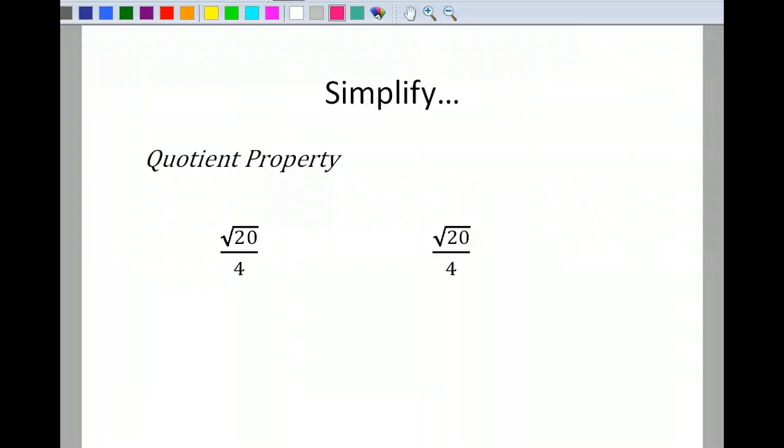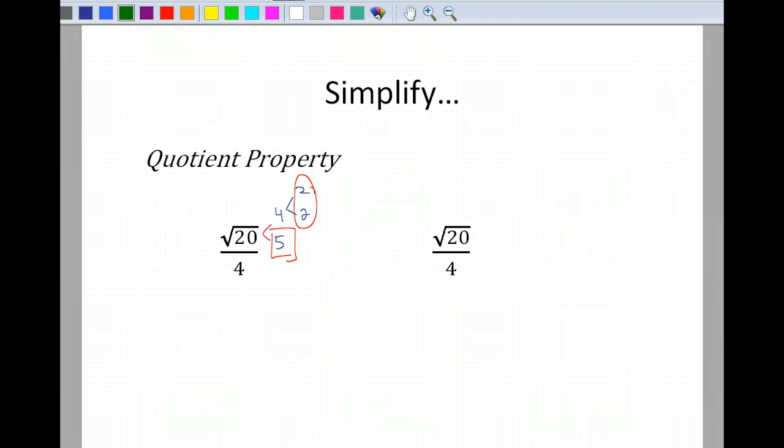Okay, let's look a little bit more. Square root of 20 over 4. Well, let's just say you don't remember what the factors of 20 are. Let's say we're going to start off with, okay, 5 and 4, 2 and 2. So this sweet little pair of 2's are going to go out, and this poor little 5's got to stay home.